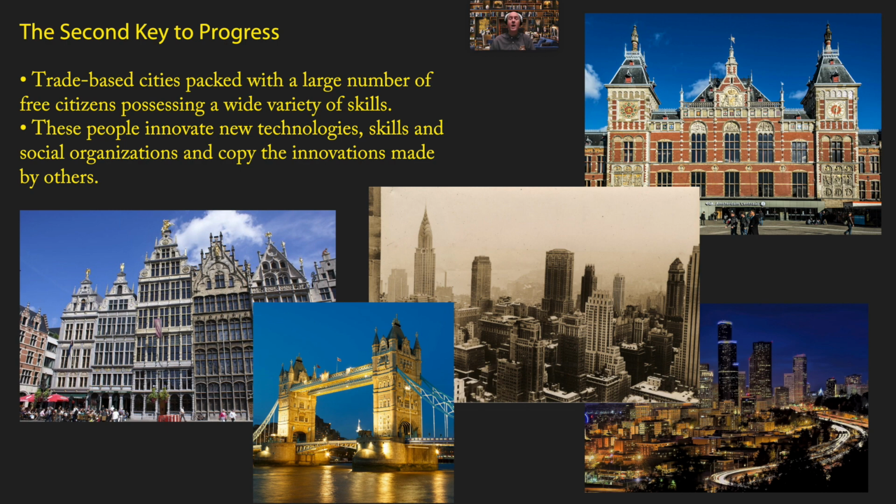Innovation requires people coming together, densely populated, to innovate new technologies and skills and organizations and copy innovations made by others. This is only possible in cities, and cities can only evolve when farmers are productive enough that they can ship their surplus food into the cities so other people living in those cities can then focus on other problems. They don't need to think about getting enough food to eat. They can just buy it.